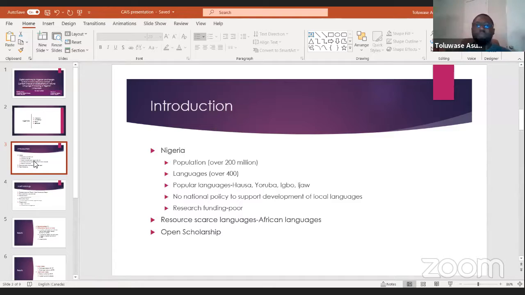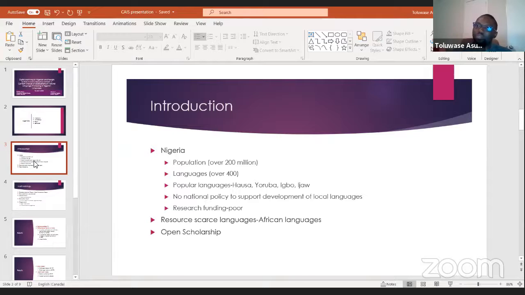Because of the resource scarcity, open scholarship gives the opportunity for the development of these languages, for data sharing, resource sharing, and knowledge sharing. When I write a paper on natural language processing and drop it on the repository, researchers in Nigeria who don't have access to the big publishers' repositories can pick it up online because it's free.